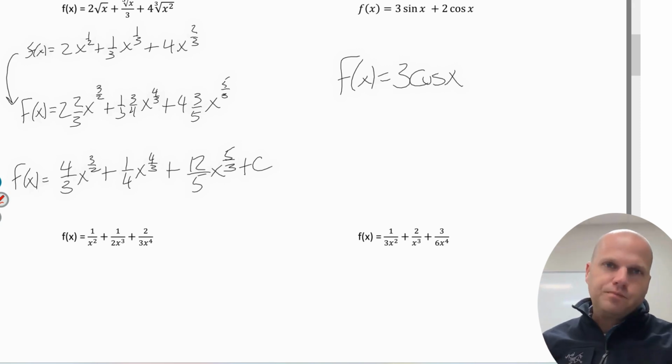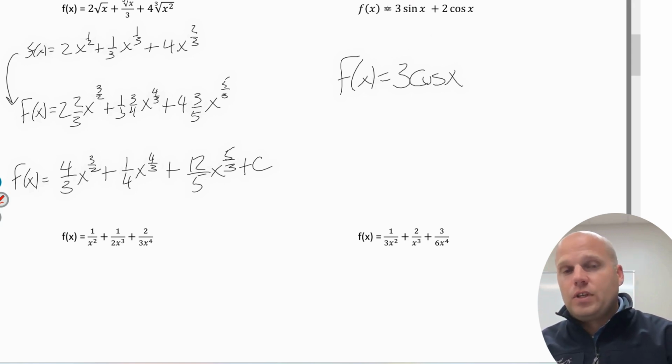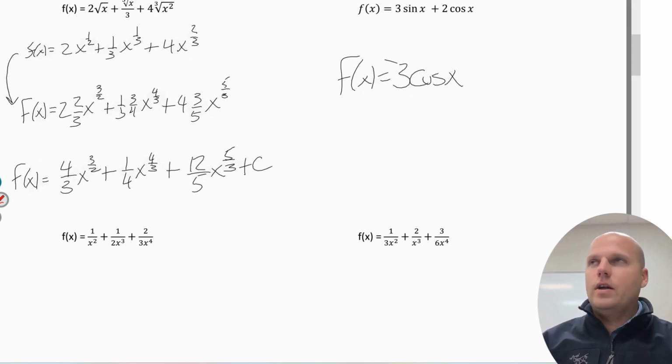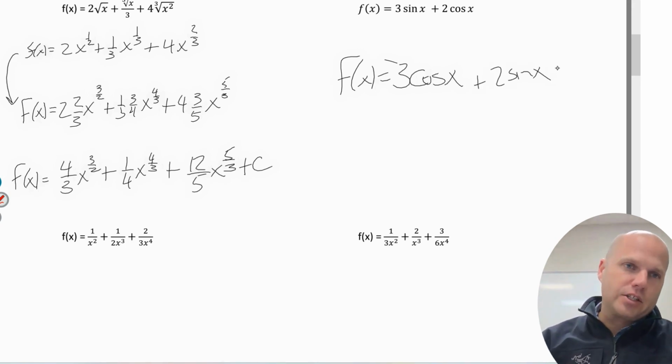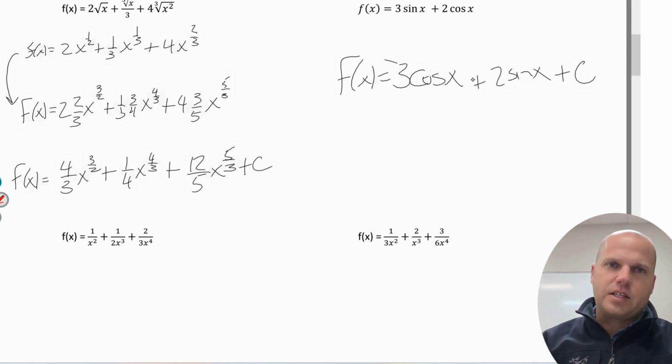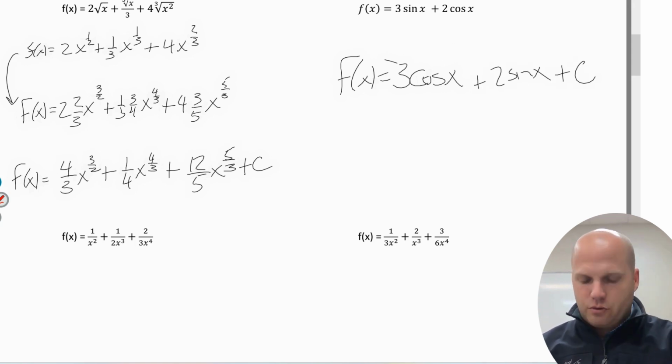Wait, hold on a second. 3 sine's derivative is 3 cosine. Cosine's derivative is negative sine. 3 cosine's derivative is negative 3 sine. Oh, I don't want 3 cos, I want negative 3 cos. Sine's derivative is cosine. A lot of students going backwards get all mixed up, but just keep in mind what a derivative is.